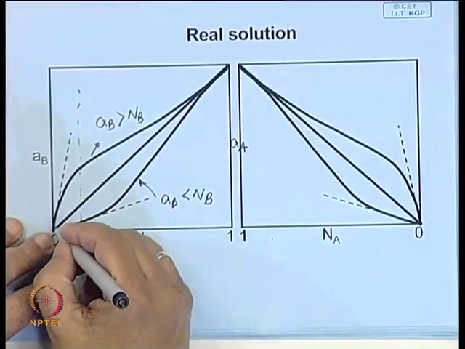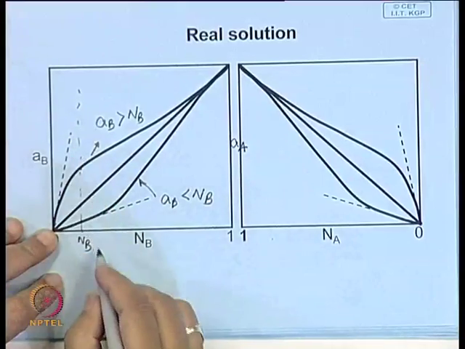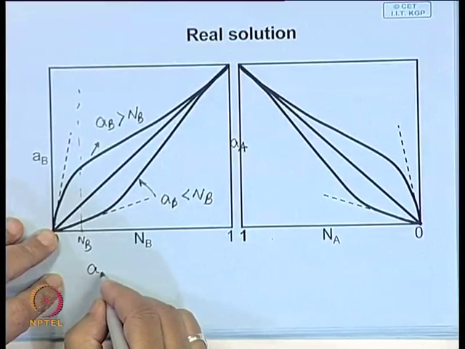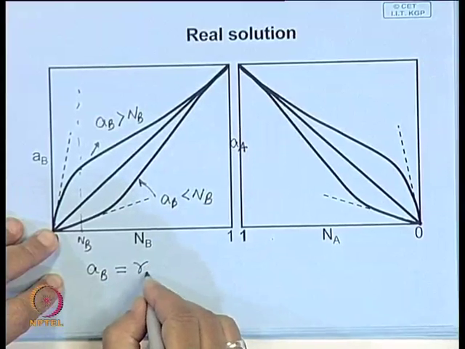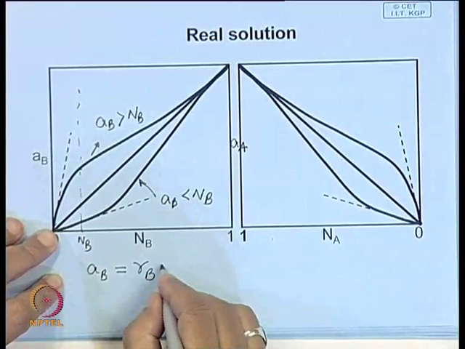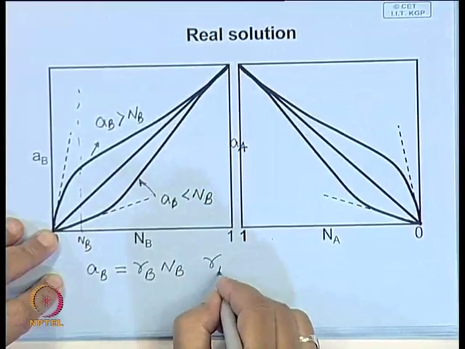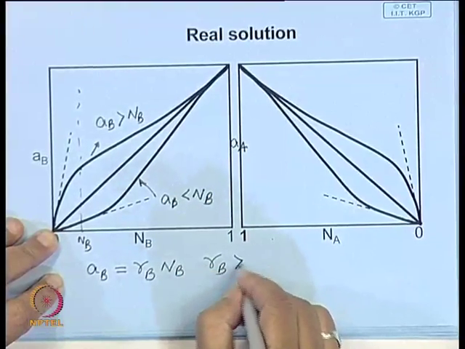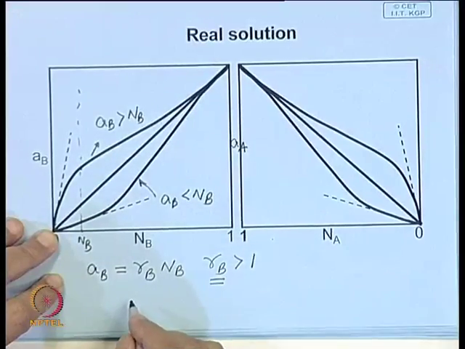One is the approximation at this end, where you can say that activity of B is linearly proportional to N B through an activity coefficient gamma B, and here this gamma B is greater than 1, and this is called the activity coefficient.